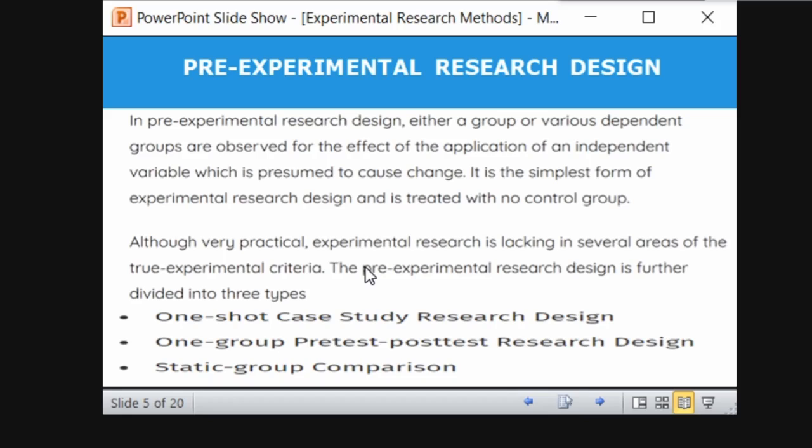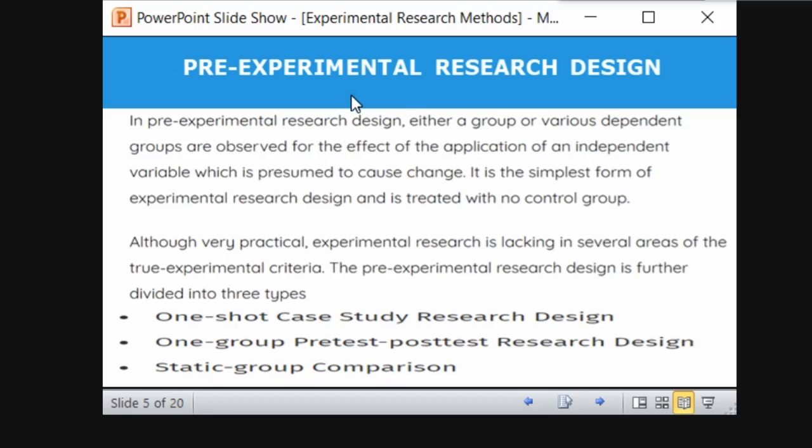So the pre-experimental research is further divided into three types: one-shot case study, one group pre-test post-test research design, and static group comparison. We will see the three different types with specific examples so that you can understand better.